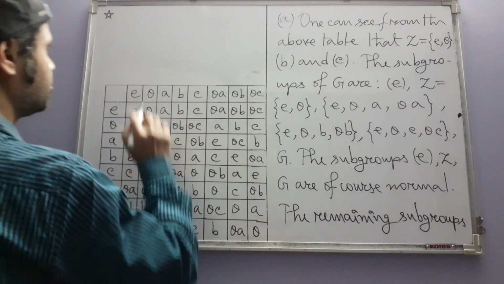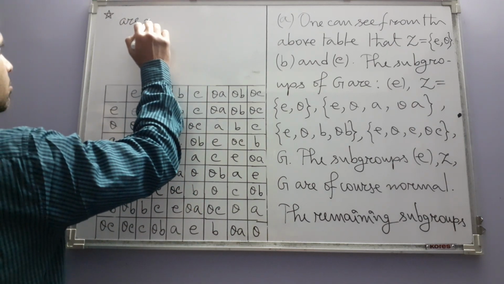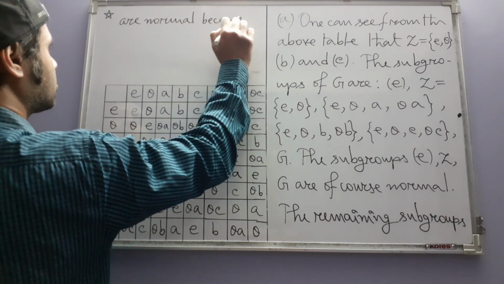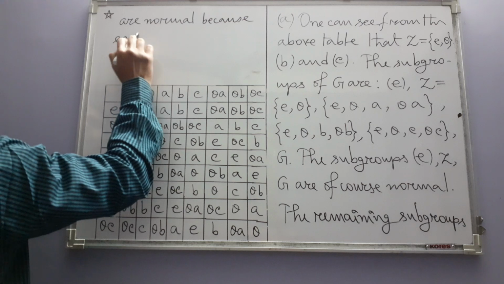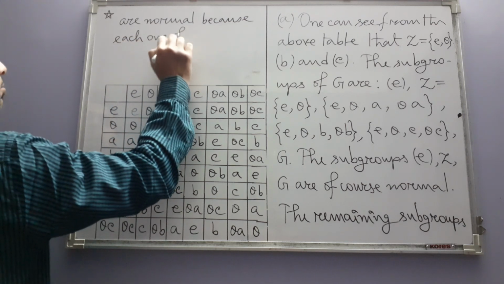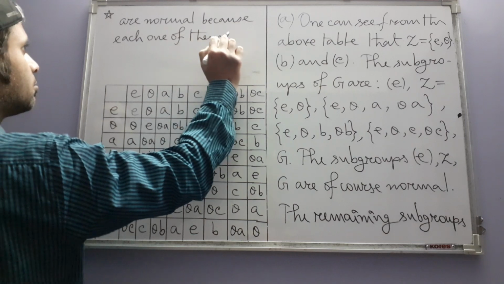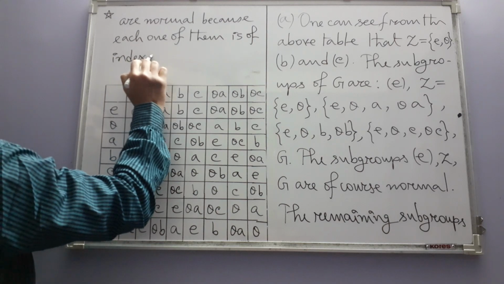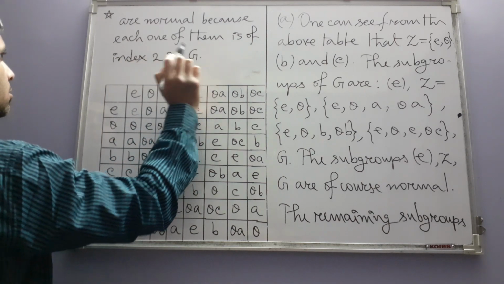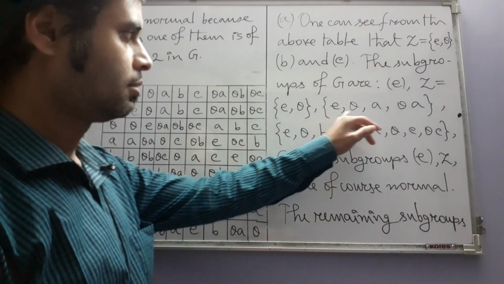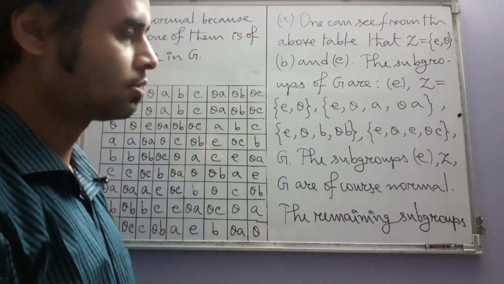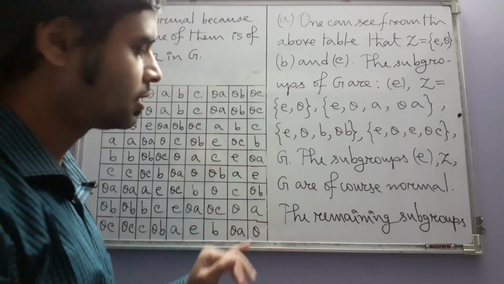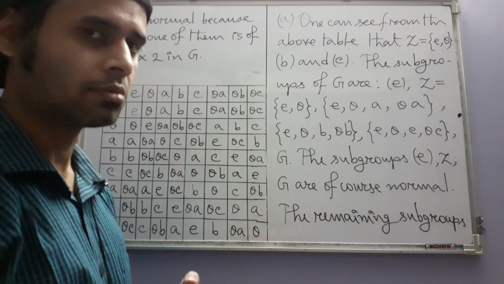The remaining subgroups are normal because each one of them is of index 2 in G. G is an order 8 group and these are order 4 subgroups, so each one of them has index 2, and we have already seen previously in one exercise that any index 2 subgroup is normal.